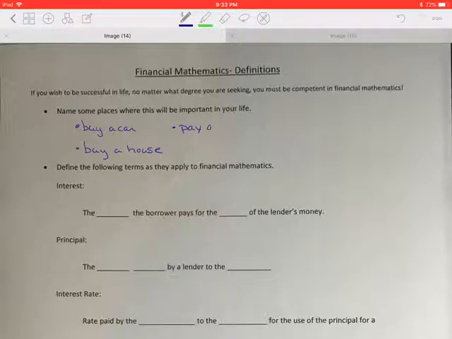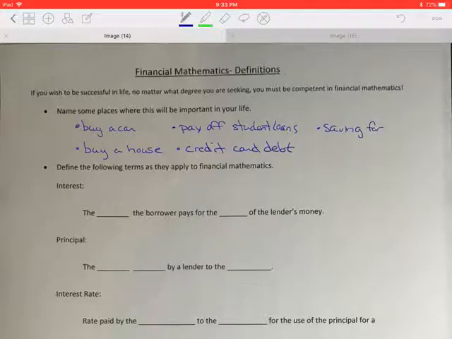Hopefully you don't have too many of those when you get out of here. Credit card debt, hopefully something you don't have to deal with, but a lot of people do. And then things like saving for retirement. Okay, so definitely an area of mathematics that you're going to see when you get out in the real world.